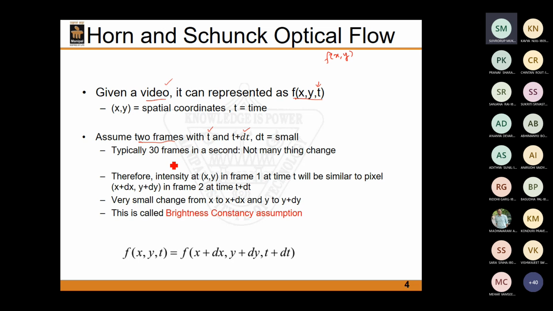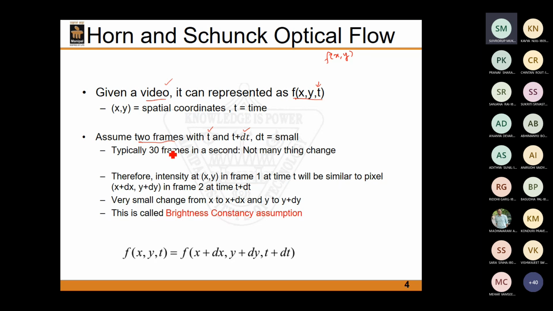It can go up to 50 or 60 frames in a second. So the value of dt will be small, and because of that there may not be much change in the pixel information between two frames.